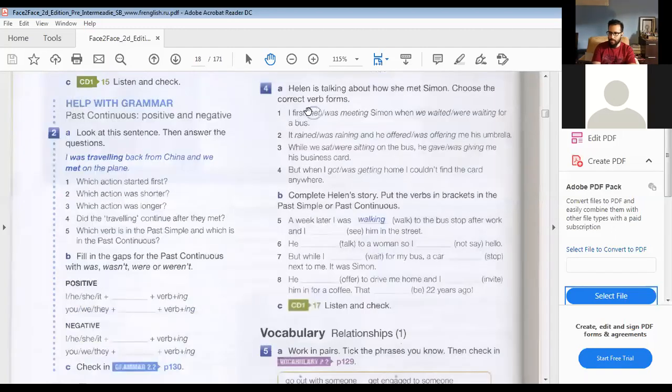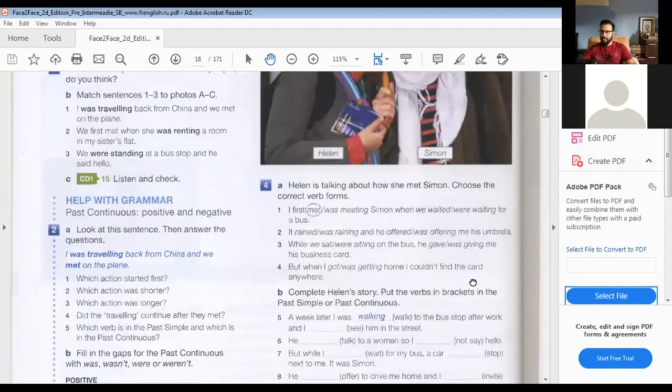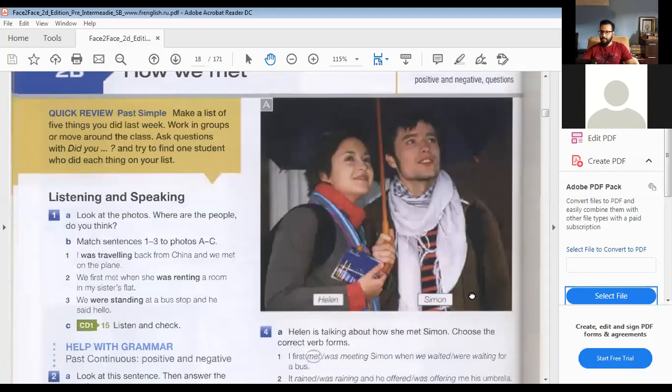The thing we didn't do, I think, is this part. Exercise 4. It says here, Helen, from the story, Helen is talking about how she met Simon. So choose the correct verb forms. So this is Helen and Simon.